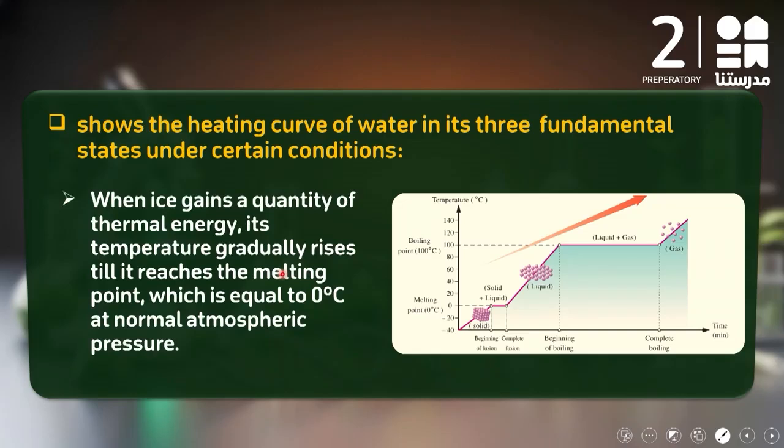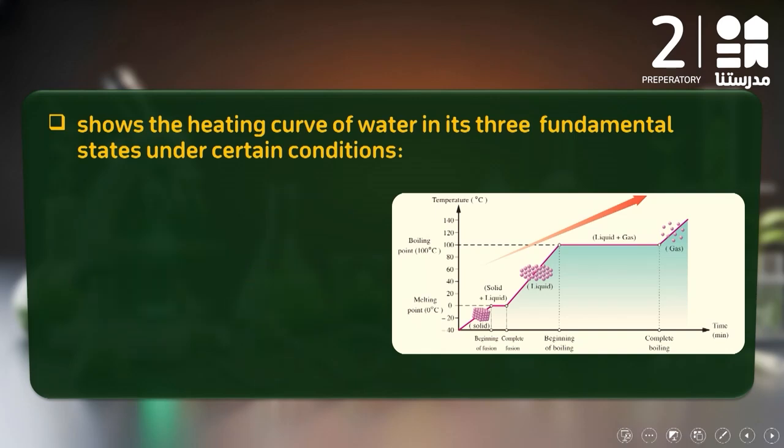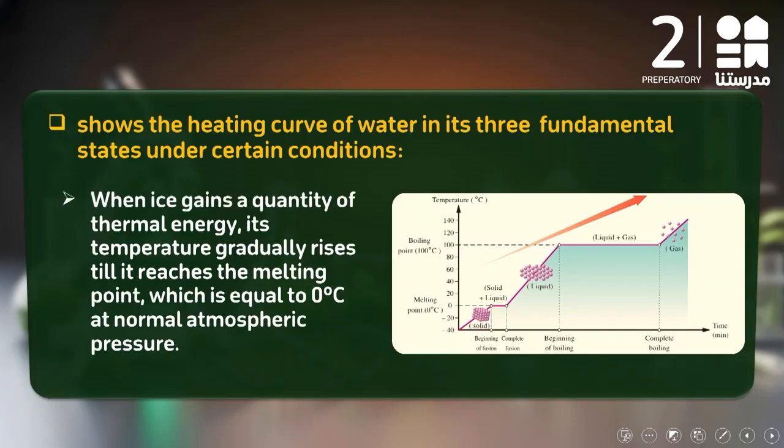When the ice gains a quantity of thermal energy, its temperature gradually rises until it reaches the melting point, which is equal to 0 degrees Celsius at normal atmospheric pressure. When the ice gains thermal energy, it will heat, then change from the solid state to the liquid state.